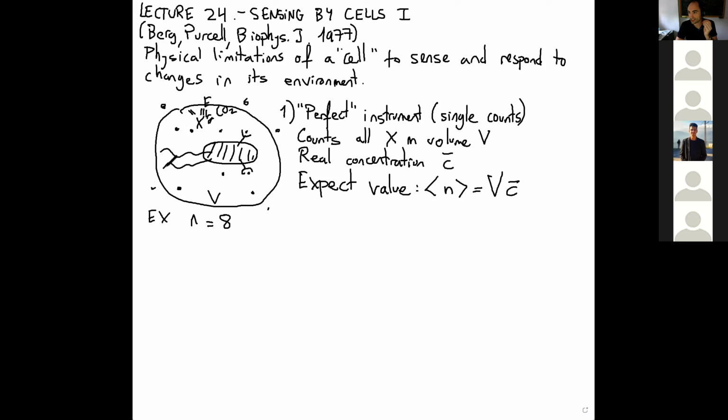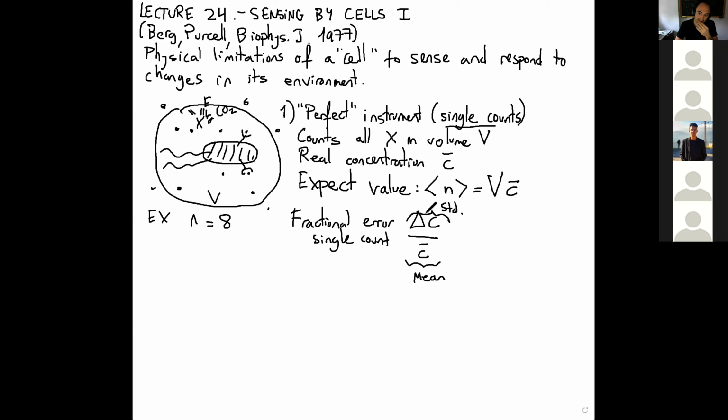So in a very simple estimate, you can say that in a single count, the fractional error in a single count, we will define it like this: delta C divided by C bar. C bar is the expected value. So this is kind of the mean. And this is the standard deviation.